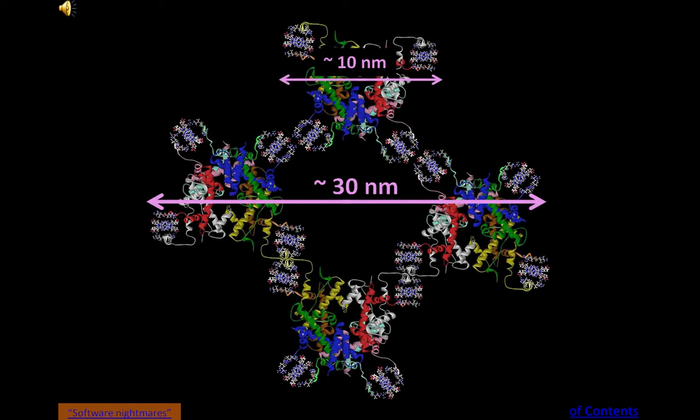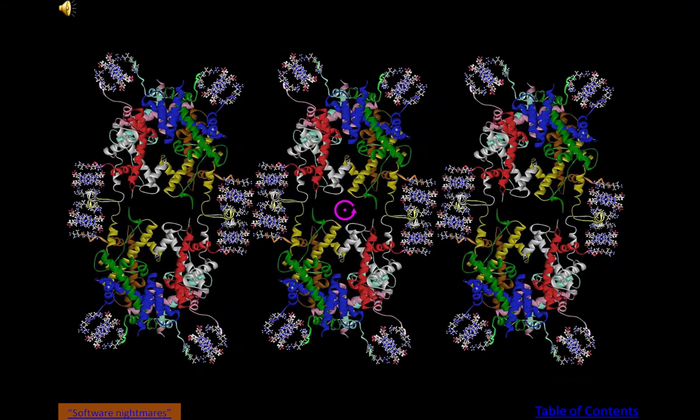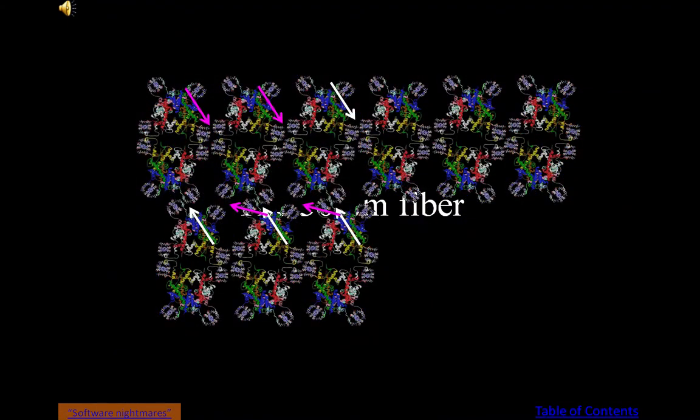In the case of the 30 nanometer fiber, I set out expecting to find very little, because the traditional histone structure found in all textbooks has not led to any compelling theory of 30 nanometer fiber structure at all, but only vague models with no experimental support for any of them. But with the new histone structure presented in this slide series, the tables were turned.